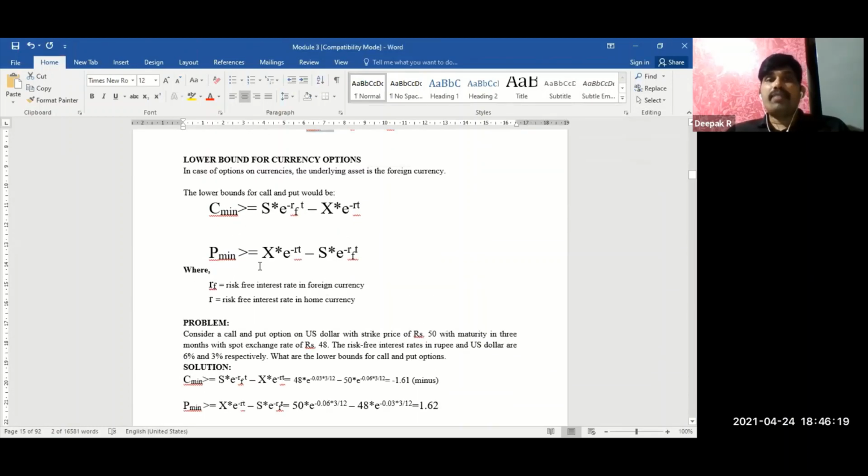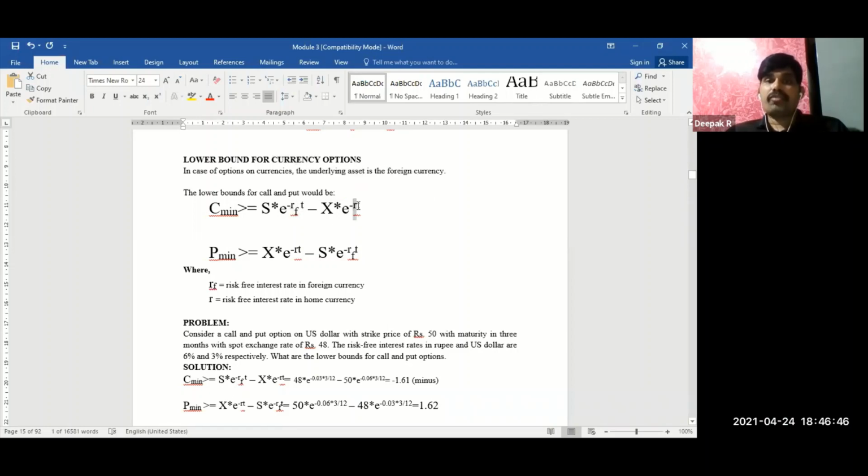But when we come across currency options, when we talk about the exchange rate, you will notice you have got two currencies. One is the home currency and another is the foreign currency. So if that is the case, we know interest rate parity. If the interest rate parity condition is considered, what is the rate of interest in the foreign country?